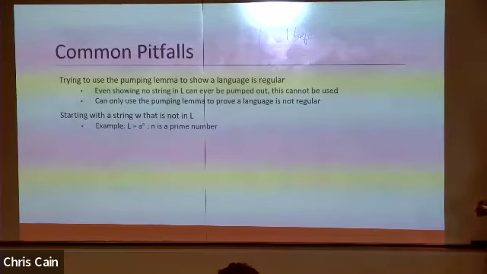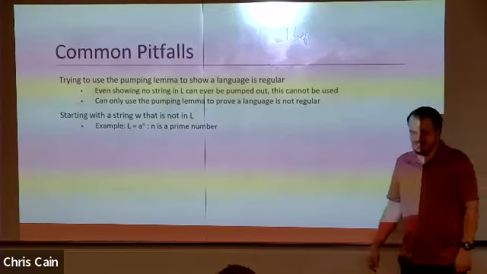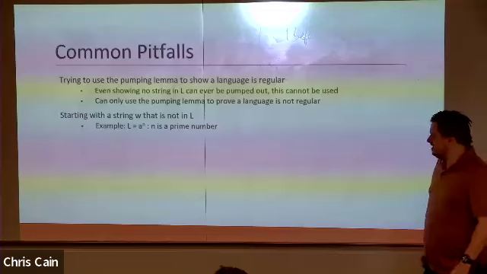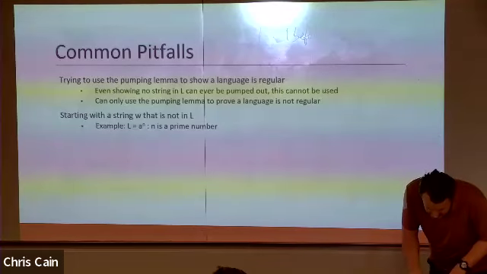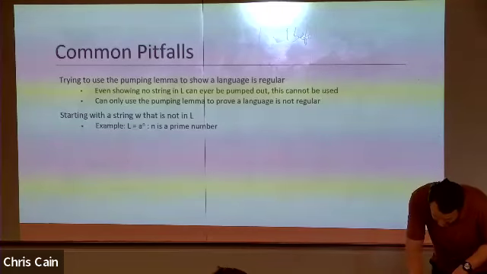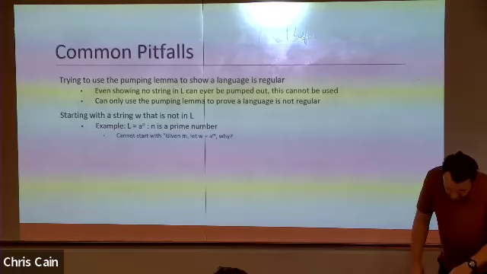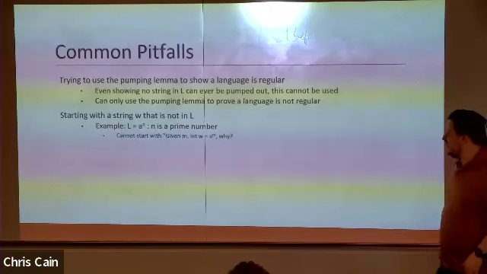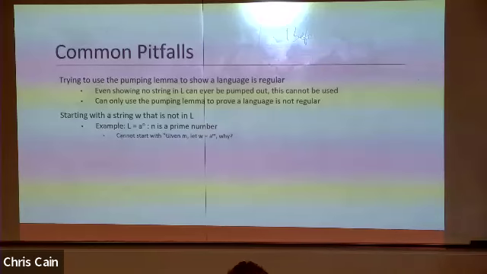Here's an example where that might show up. Our language is A to the N, where N is a prime number. So some number of A's in a row, that is a prime number. Here we go. Given M, let W equal A to the M. Why can't you start with this?